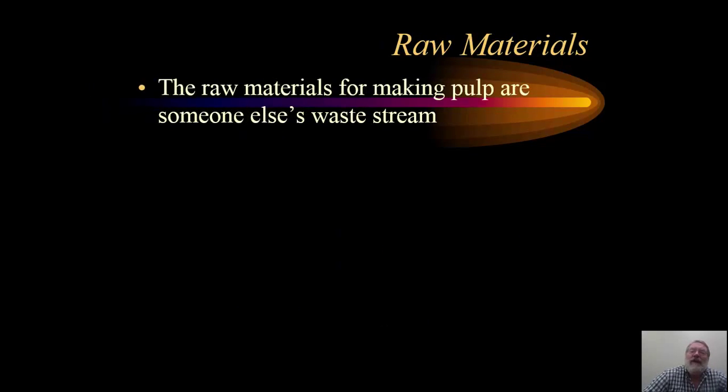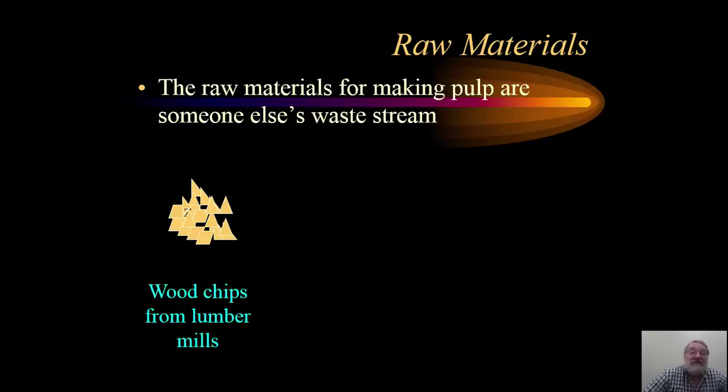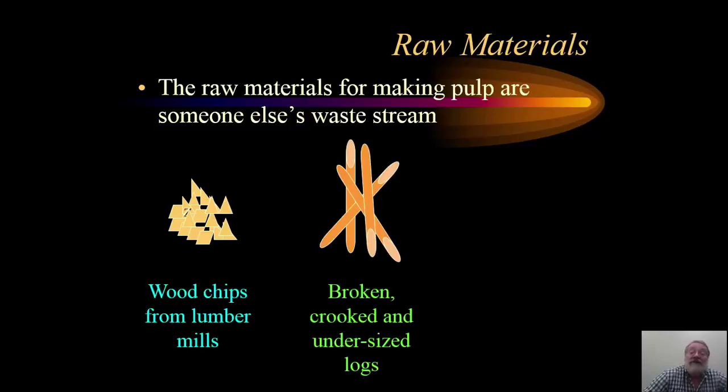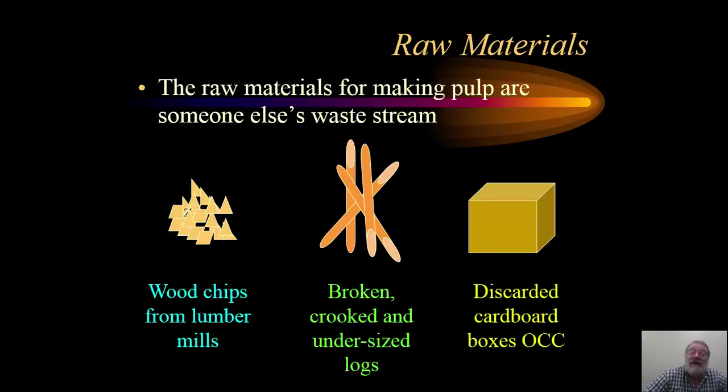What do they use for raw materials? Well, they're actually someone else's waste stream. They use wood chips from lumber mills. They use broken, crooked, and undersized logs that can't be turned into nice-looking boards. And they use discarded cardboard boxes. They call them old cardboard containers.